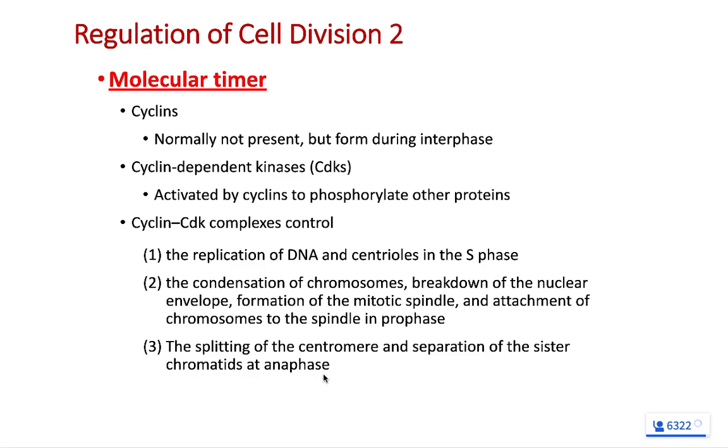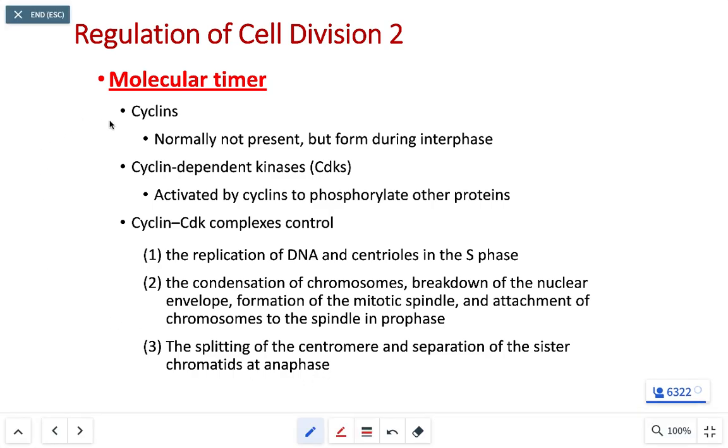Our cells will sometimes have a pre-programmed stopwatch, for lack of a better analogy, that is going to determine when the cells do and do not enter mitotic phase, or the mitosis and cytokinesis. These molecular timers are referred to as cyclins. They help to regulate the cell cycle.